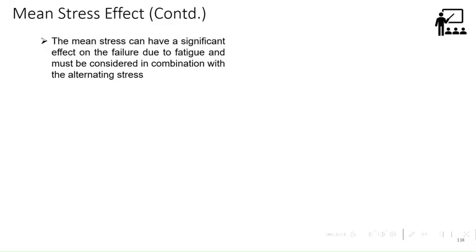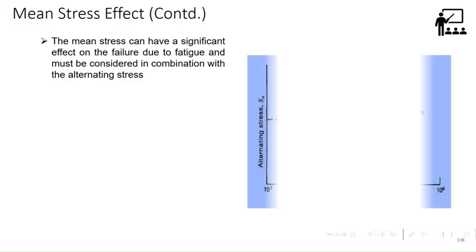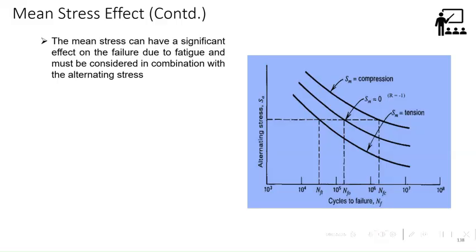Now, how to take care of the mean stress. Mean stress can have a significant effect on failure due to fatigue and must be considered in combination with the alternating stress. Please remember, the SN curve can be represented on the y-axis as stress amplitude, stress range, or S max.